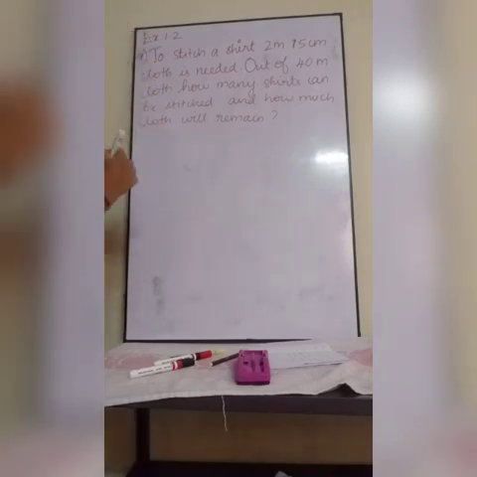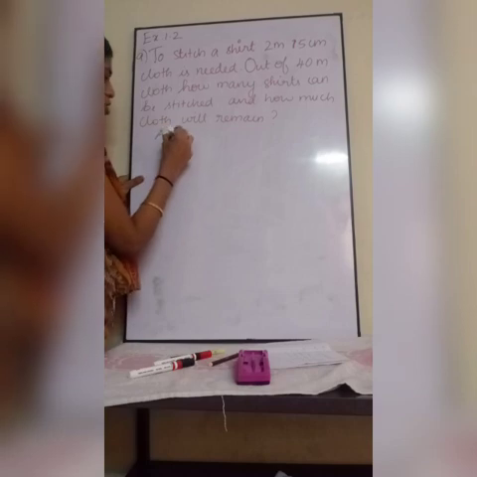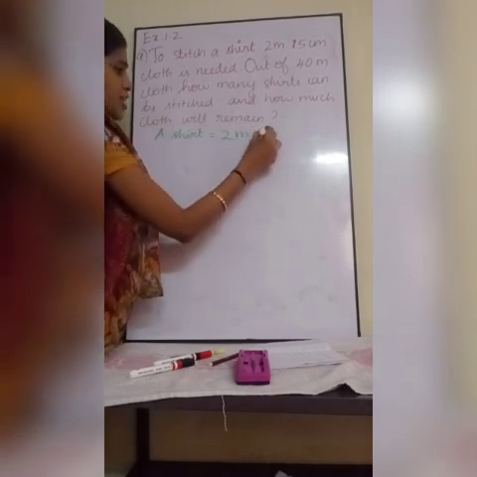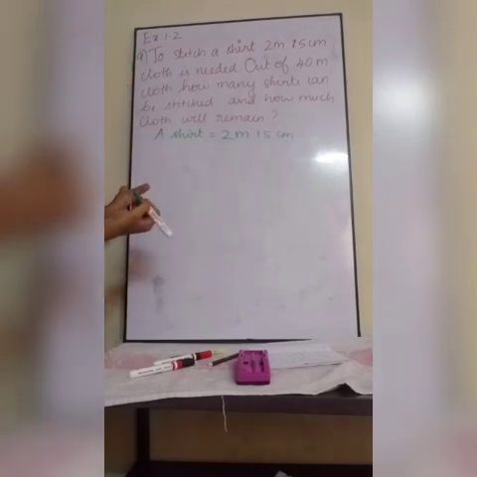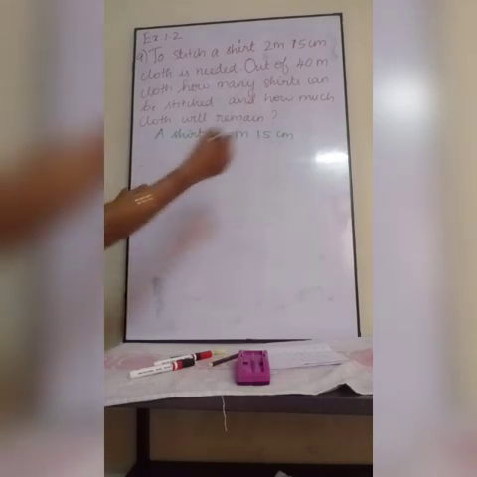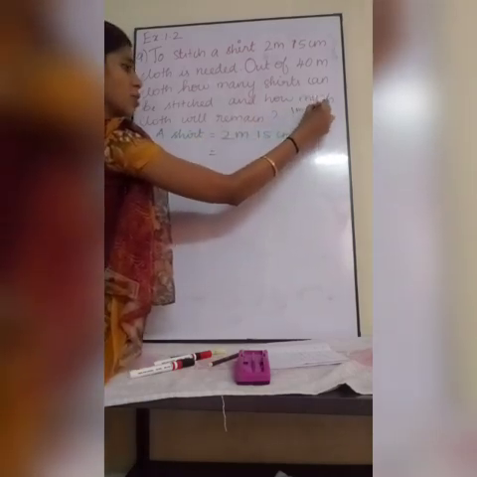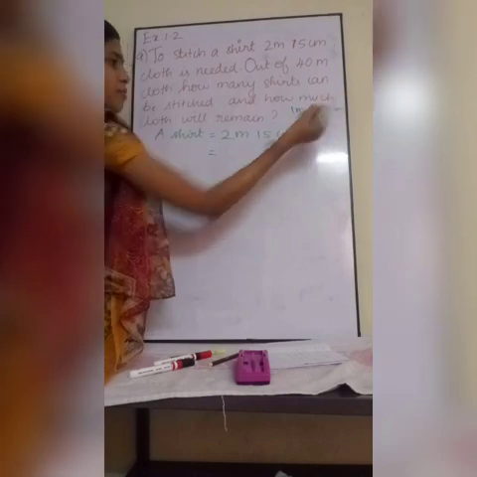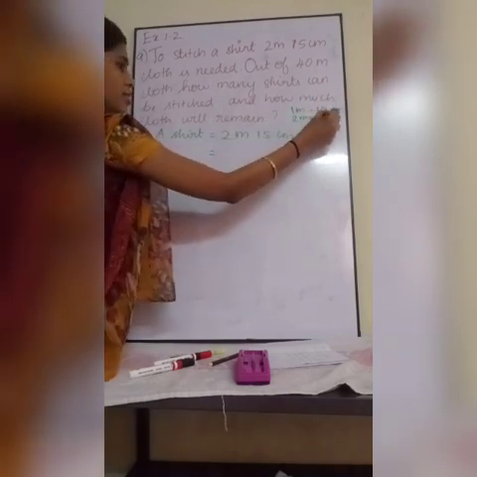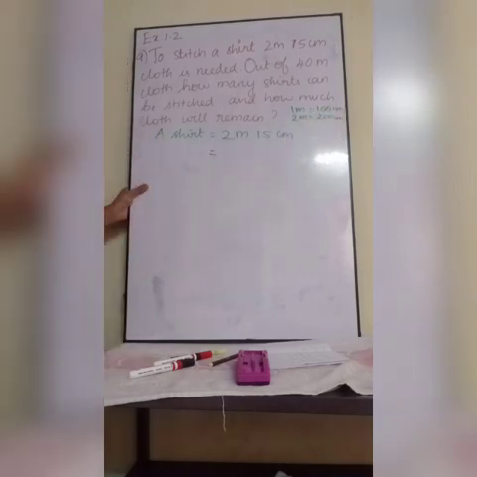So to stitch a shirt, how much is needed? 2 meter 15 centimeter. Now I can convert that into centimeters for our convenience. 1 meter is equal to 100 centimeter, so 2 meter is equal to 200 centimeter.